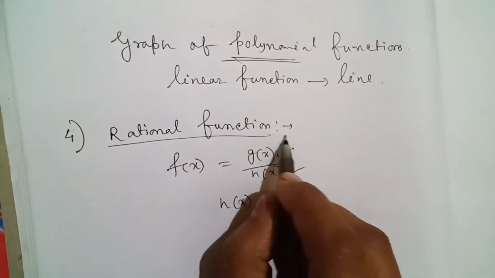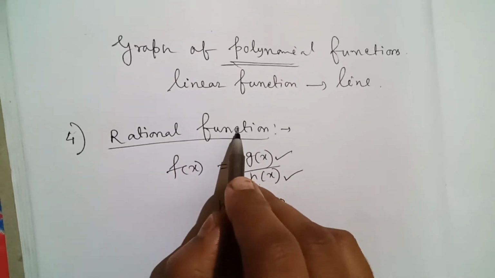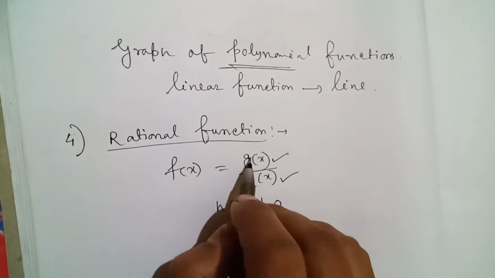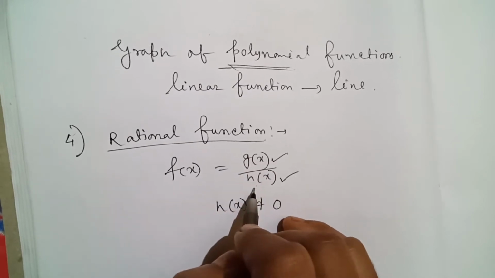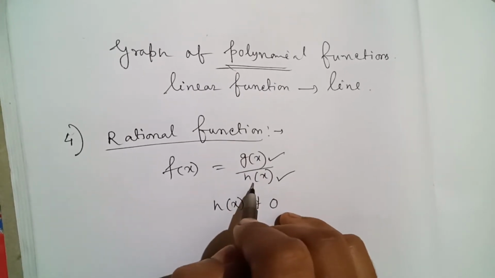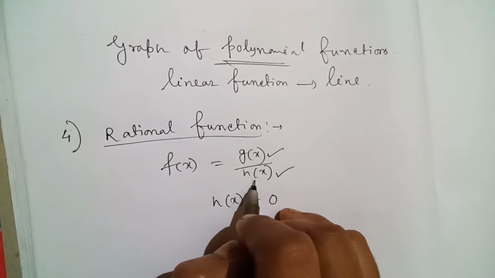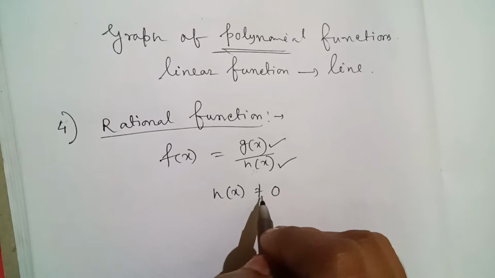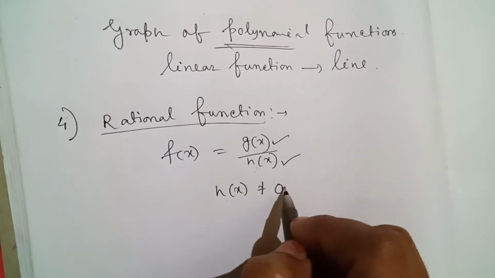I'm repeating it again. Rational functions will be like this: f of x equals g of x divided by h of x. G of x and h of x both are polynomials in x with the same domain, and h of x must not equal 0.